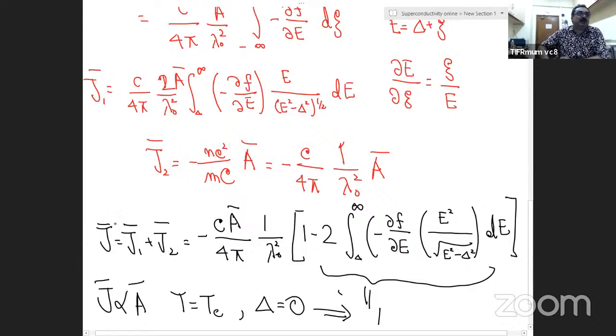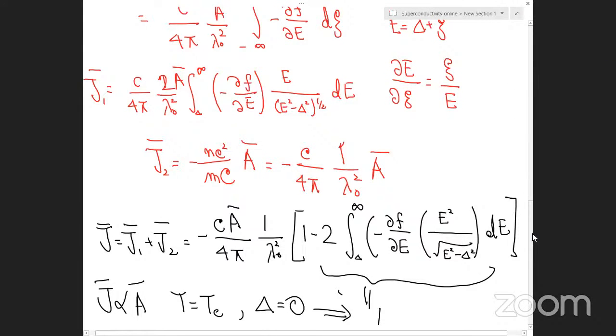Therefore, the supercurrent vanishes. So it is the supercurrent's property that J is proportional to A. For normal current, J is not proportional to A. It's proportional to del A del T. So the supercurrent vanishes at Tc. So far, so good. Any question?